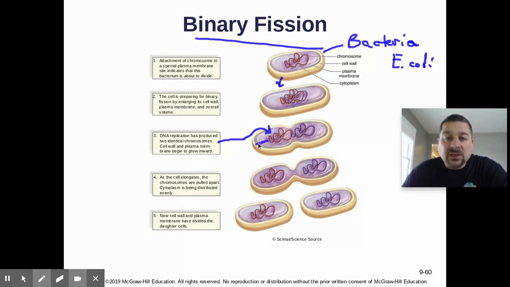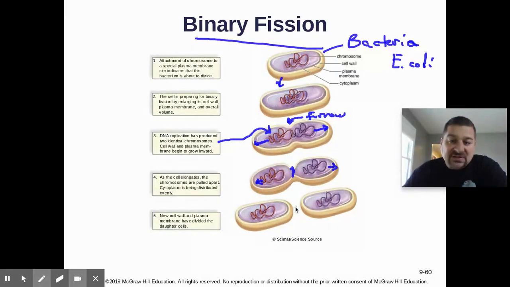These things will attach each one to the cell membrane. And as the cell starts to grow, you'll start to get a little furrow. Remember cleavage furrow. You'll get a little furrow forming right here. And it will build new cell membrane and new cell wall across there as it pulls the two chromosomal loops to opposite ends.